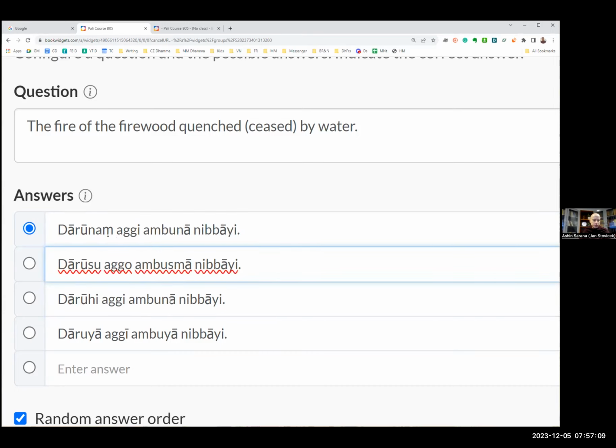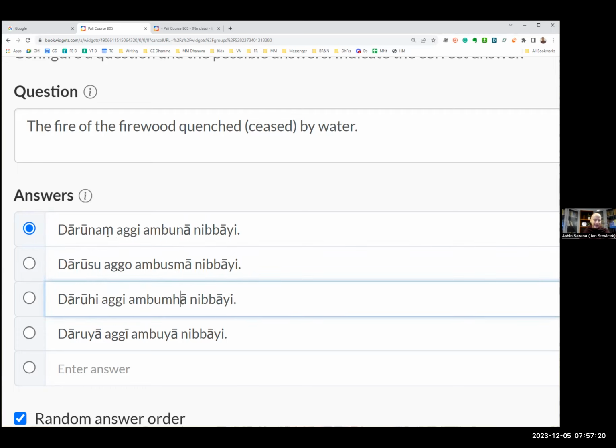Okay. But it's interesting that there was ambumha and here is ambusma, right? So how did I think when I was writing? I don't know. Embusma is also not a word.